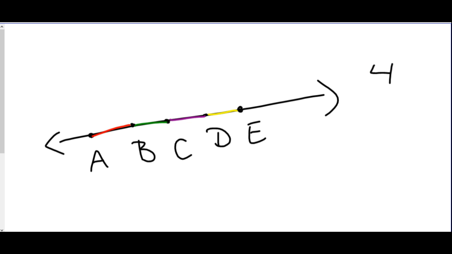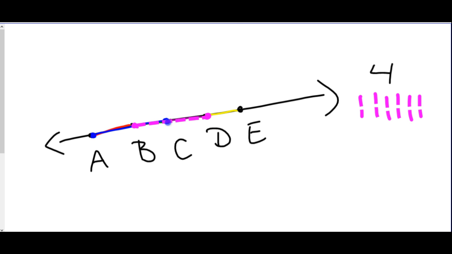But you can also start at A and end at C. There's a 5th one. You could also start at B and end at D. There's a 6th one. I'm going to keep a tally mark, 3, 4, 5, 6, so I don't lose track.